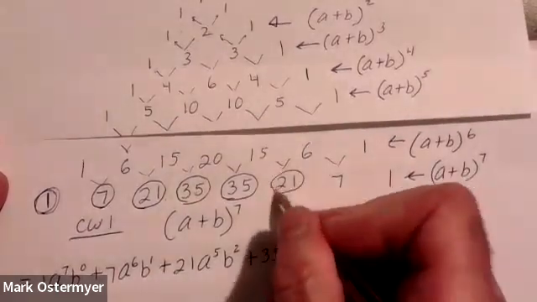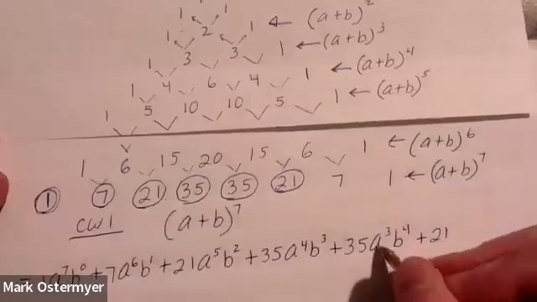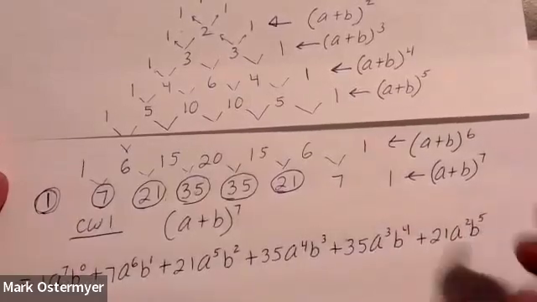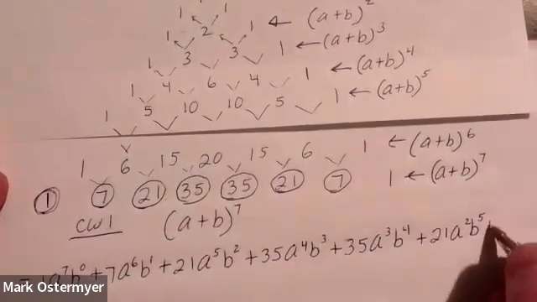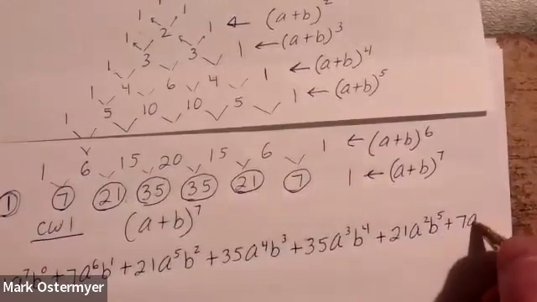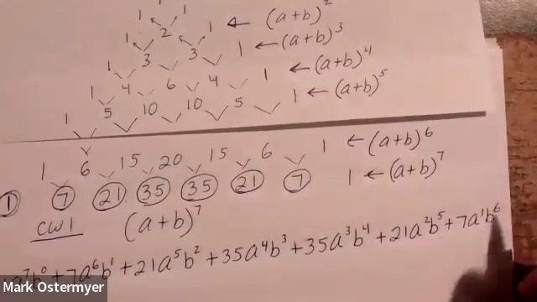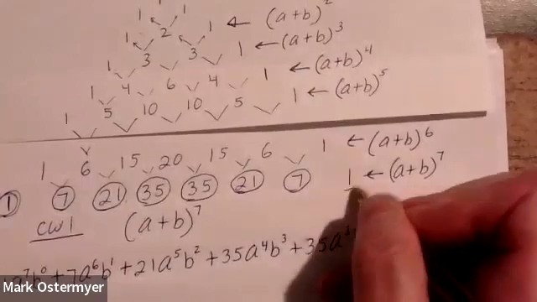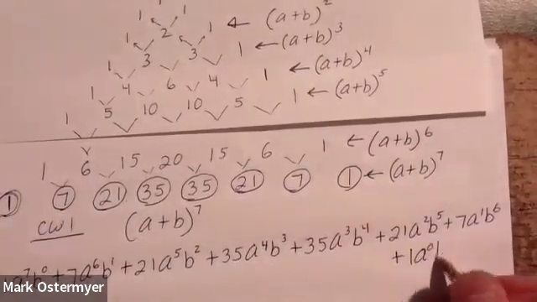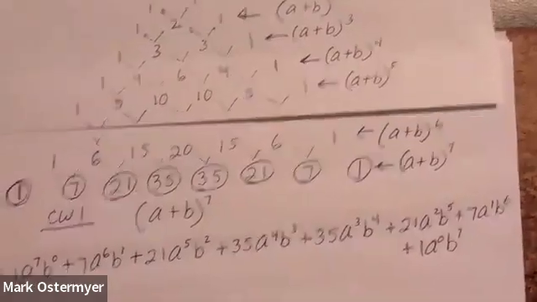plus the next coefficient is 21, 21 times a to the 2nd power times b to the 5th power, plus 7 times a to the 1st power times b to the 6th power, plus your last term is 1 for the leading coefficient, a to the 0th power, b to the 7th power.